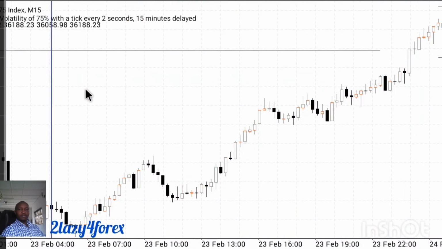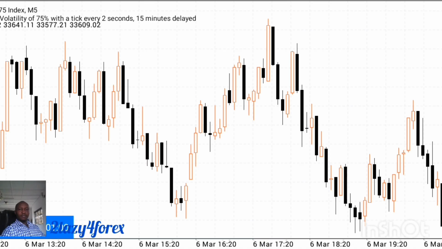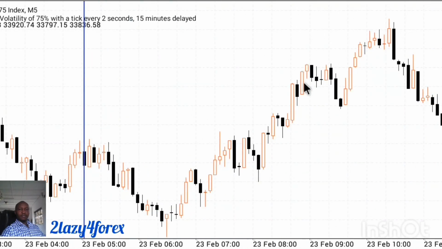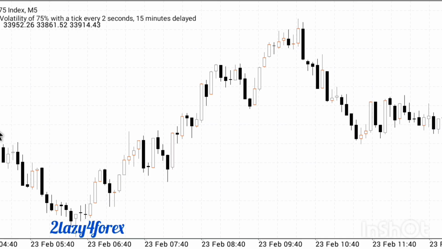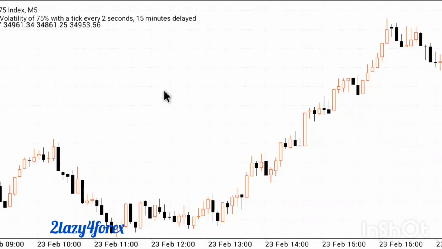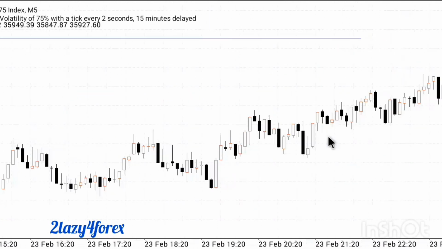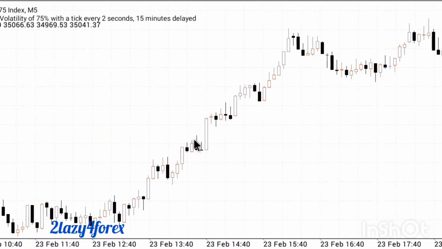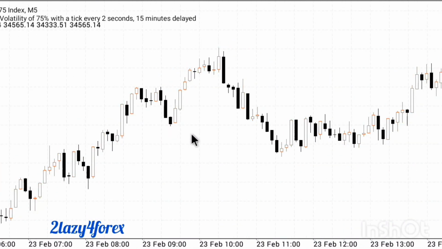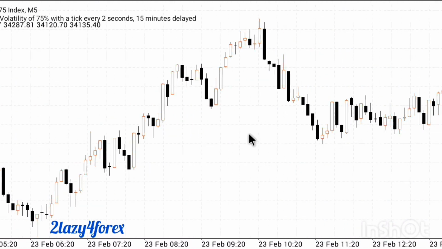Okay, let's use maybe a 5 minutes chart. Remember, it started from here. Look at this. Is that a pullback? Is this not a pullback? This is a pullback. So let's mark it so you see. Let's start from here.